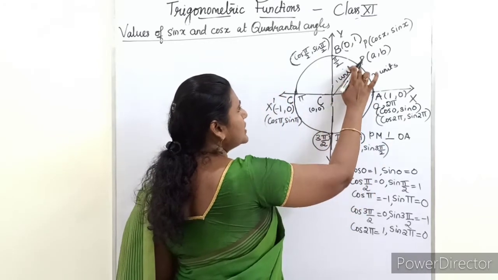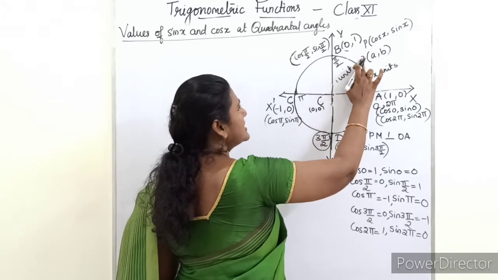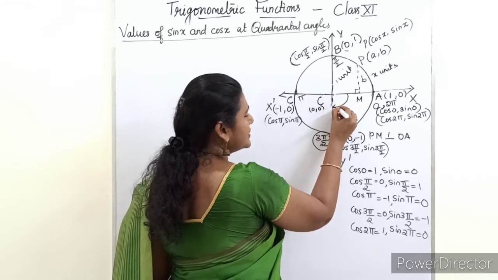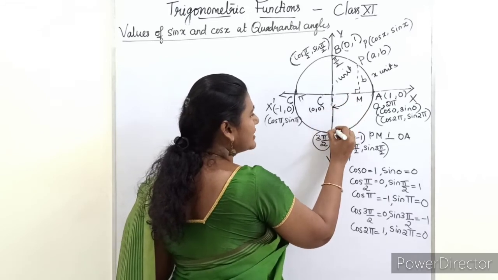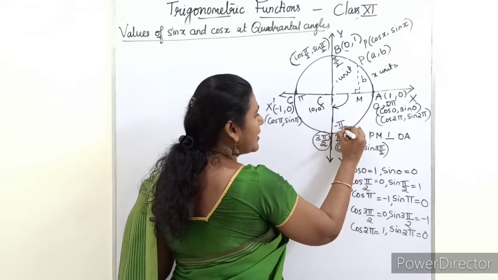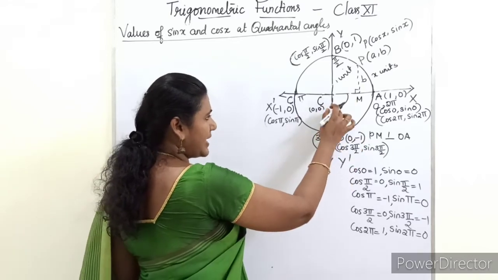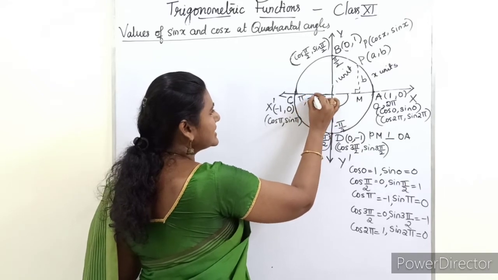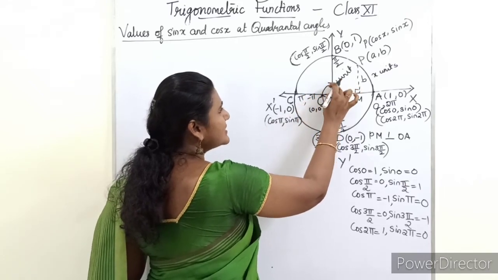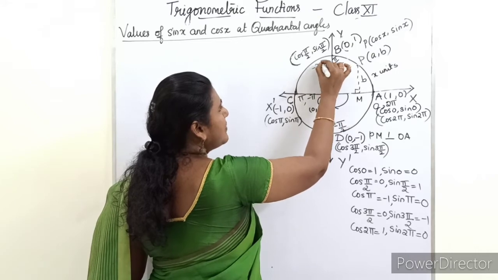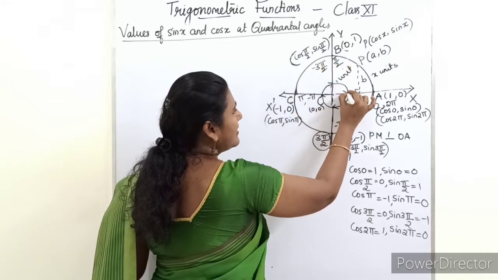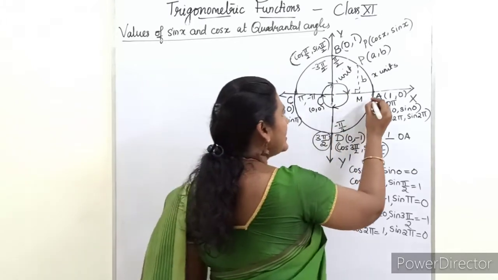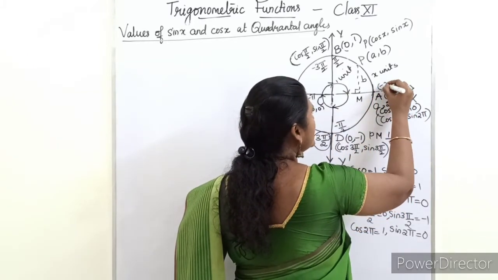Here the angle is minus pi by 2. If it covers up to this, you will get minus pi. Again if it reaches this point, it is minus 3 pi by 2. Finally if it completes one full revolution in the clockwise direction, this point will be minus 2 pi.